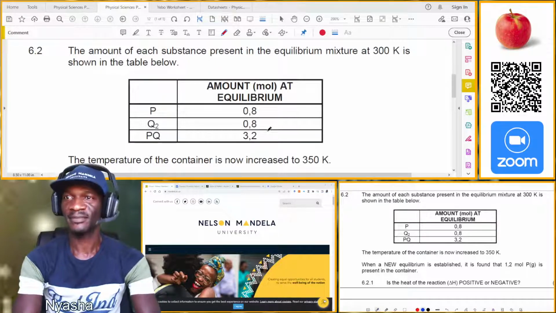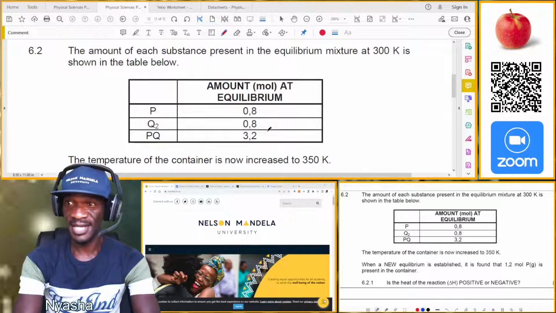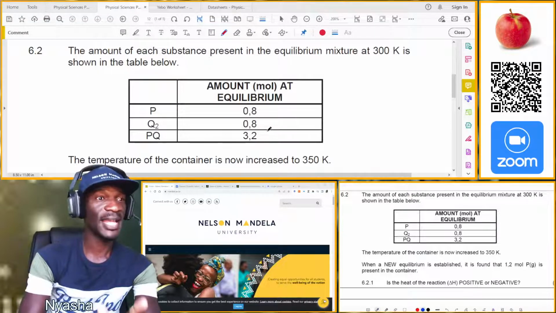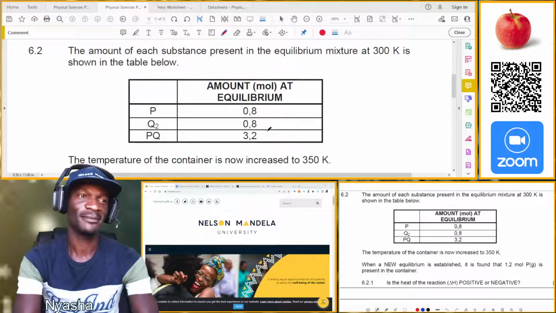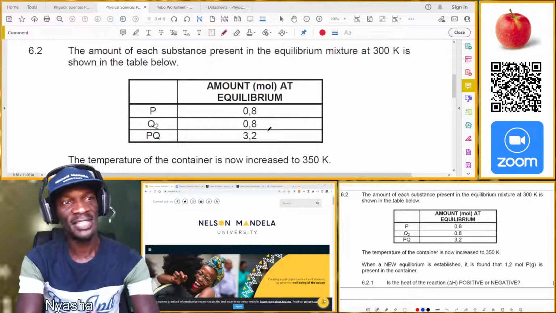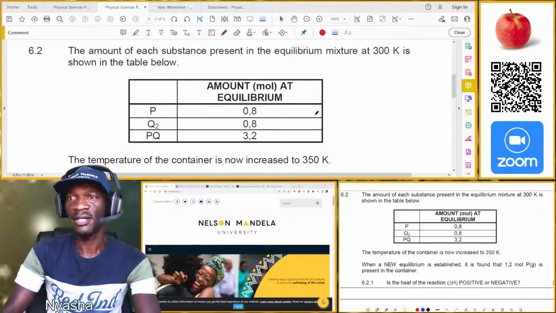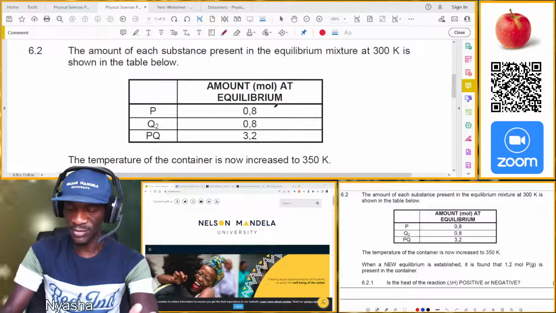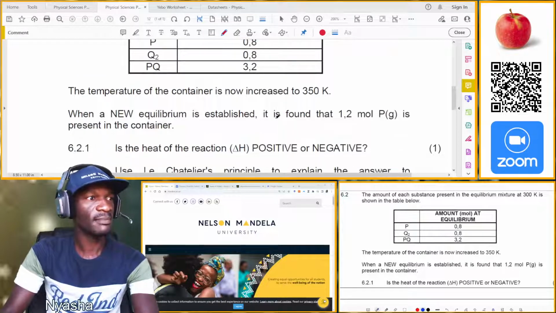Then the temperature of the container is now increased to 350 K. Good. So this is what we are told about this process.